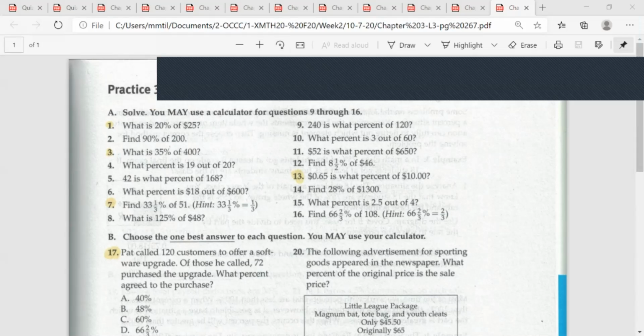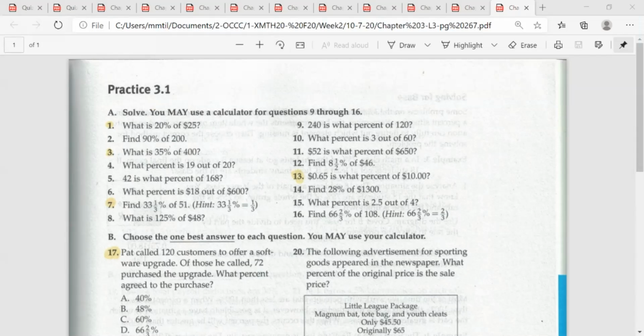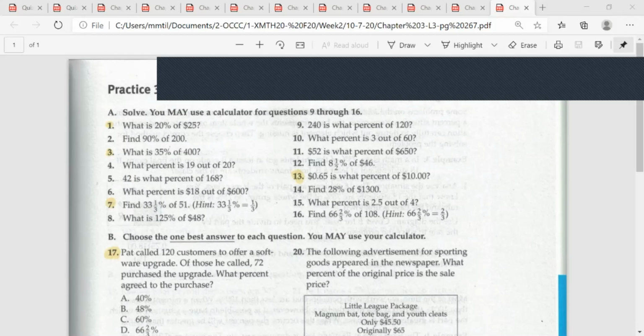Solve, find 90% of 200. Again, this is all back to this formula where you've got rate over 100 is equal to part over base, which is like the total. So in that particular one, what would the X be?